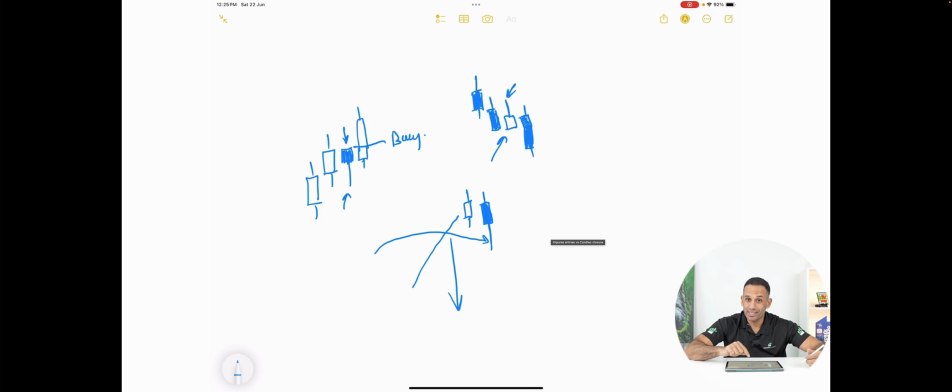If we're looking at this scenario, and you're saying, okay, I'm going to wait for this candle to break below this low and take a sell for price to continue pushing down, ask yourself this question. Let's say this is the 30-minute time frame on gold.